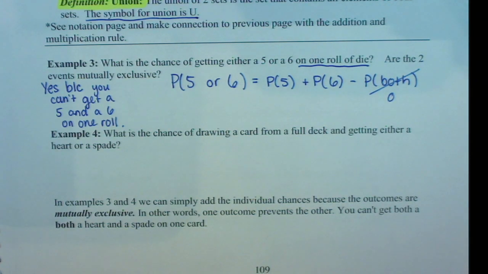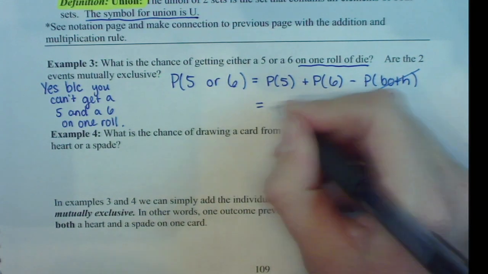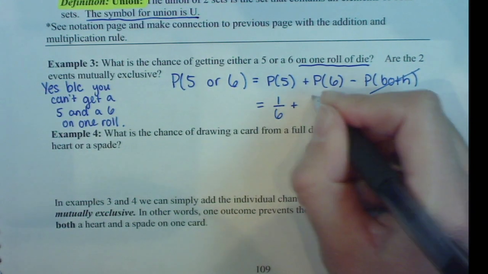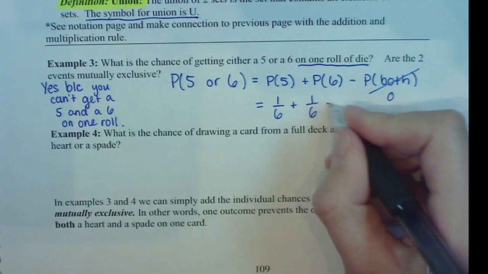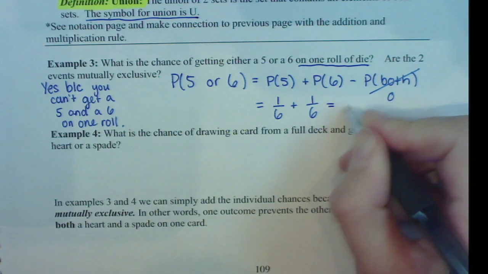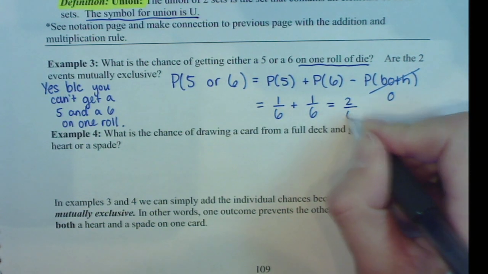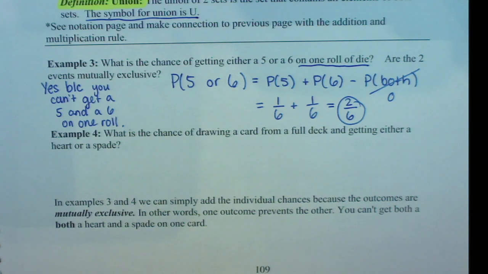It's unnecessary, but just so you don't forget it, I like to write it. So the chance of getting a 5 is just 1/6, plus the chance of getting a 6 is exactly the same. And these have common denominators, so let's go ahead and do 2 out of 6 or 1/3, whatever you want, is our final answer.